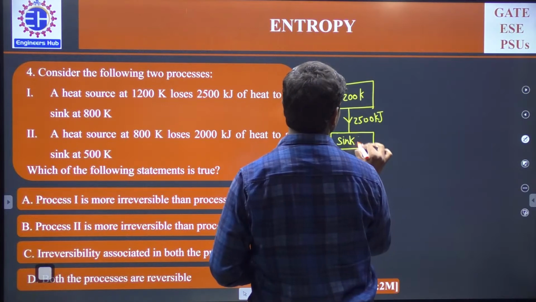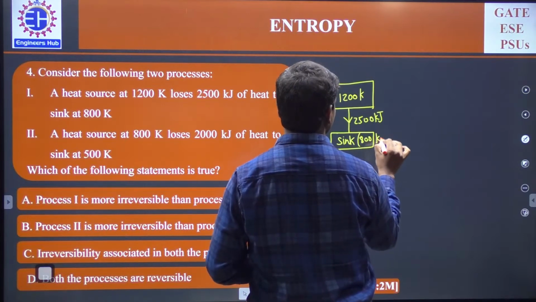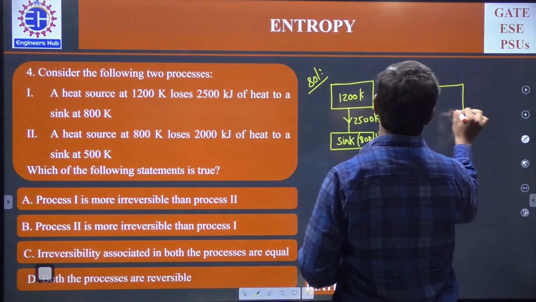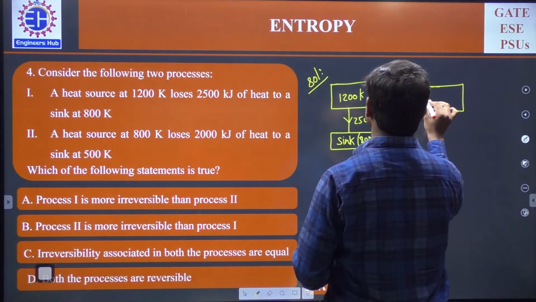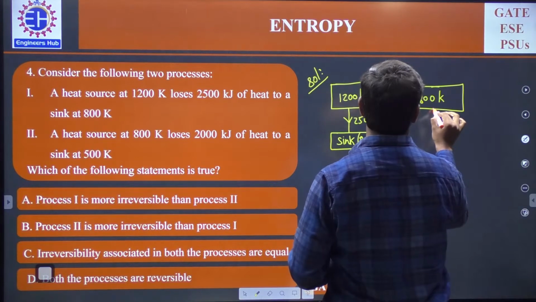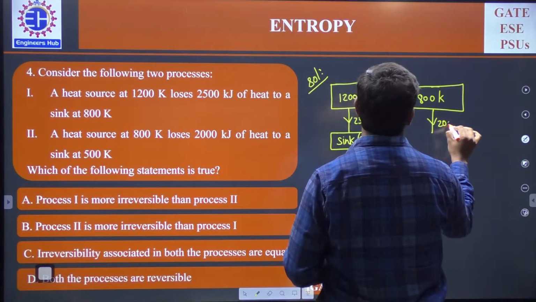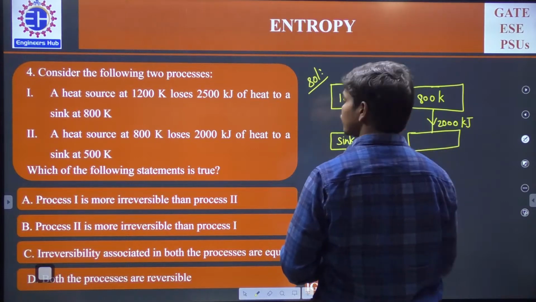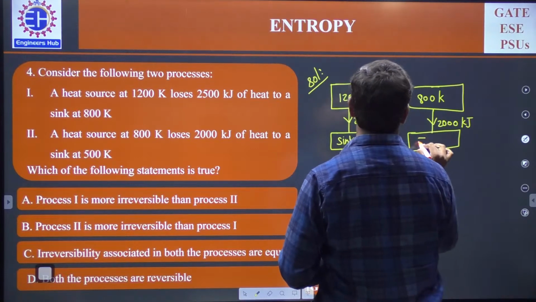This sink is at 800 Kelvin. Next, there is the second case: the heat source is at 800 Kelvin, and again it's giving 2000 kilojoules of heat to the sink, which is at 500 Kelvin.